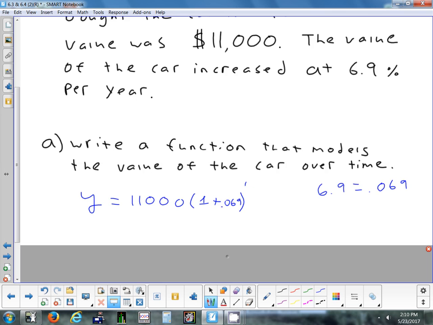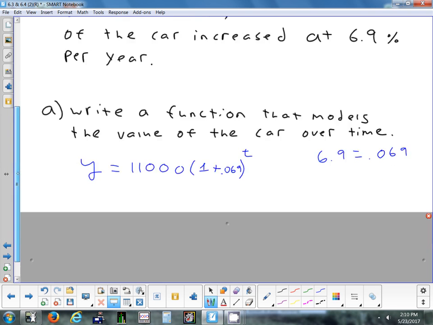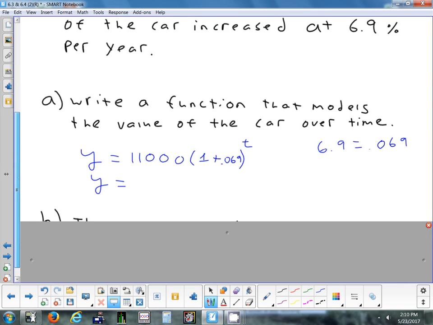Yeah, T. And T is time. What can I simplify here? One thing I could do. What's in the parentheses? Yeah, how much is that? Yeah, 1.069.